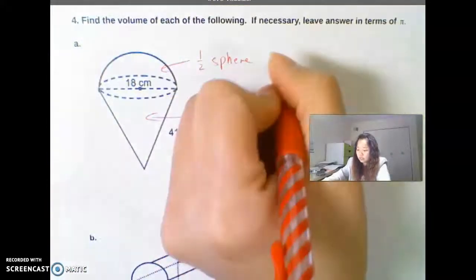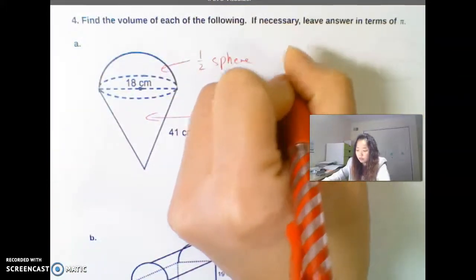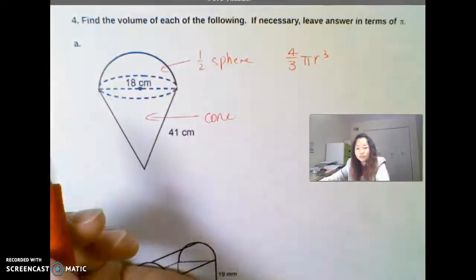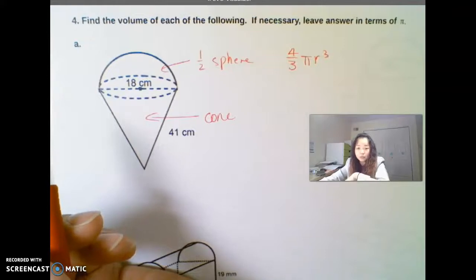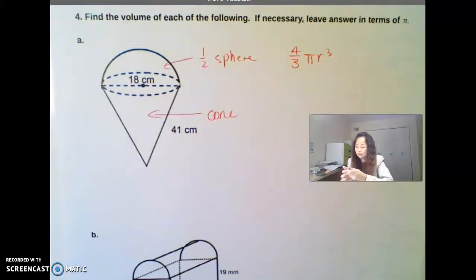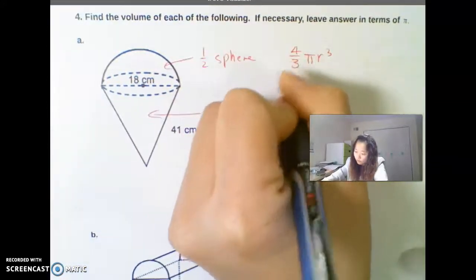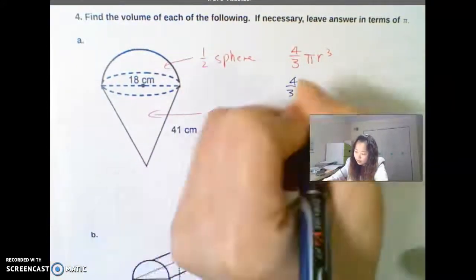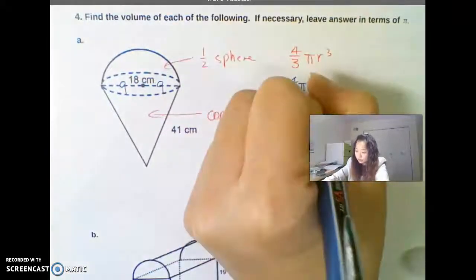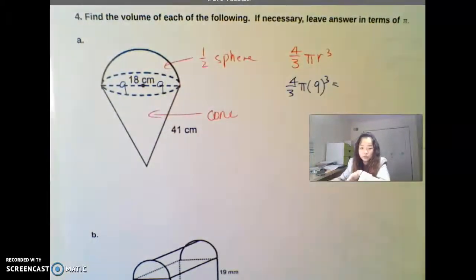Let's see. So the sphere is 4/3 pi r cubed. But it's only half of it, just like when we're doing the surface area. So we have 4/3 pi. Oh, wait, they didn't tell us the radius. It's 9. They tried to trick me, but I'm not gonna be tricked.